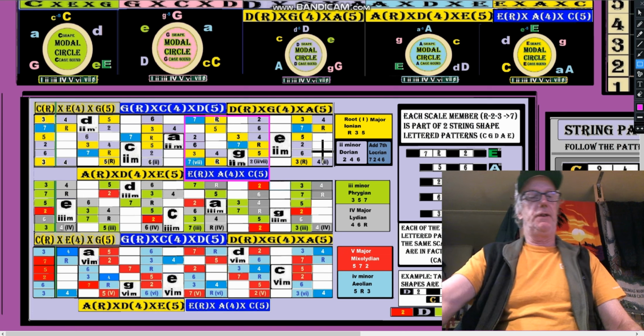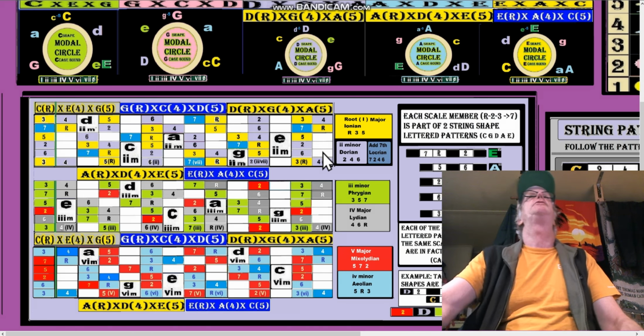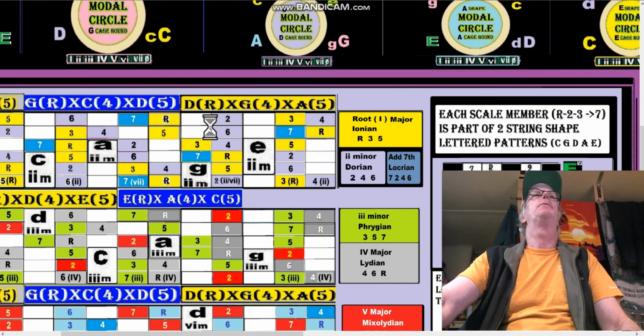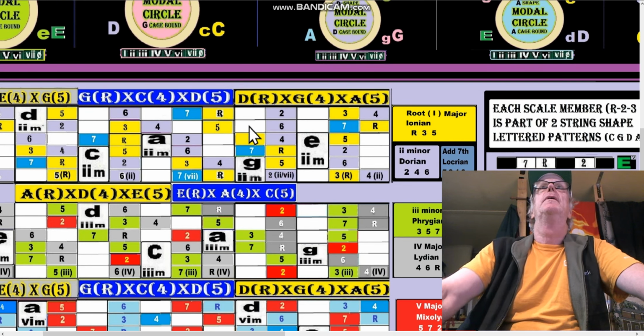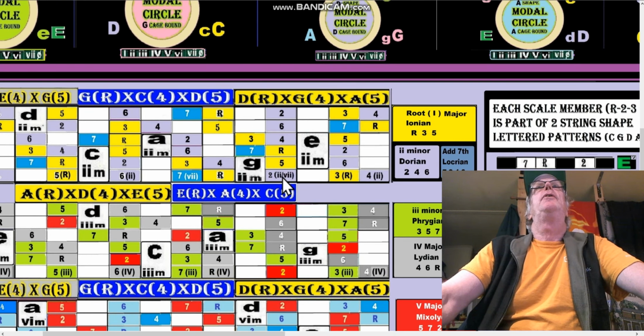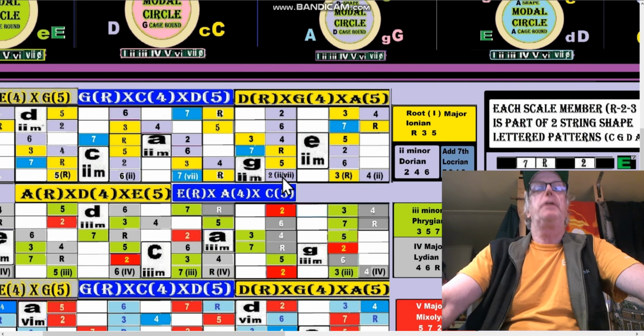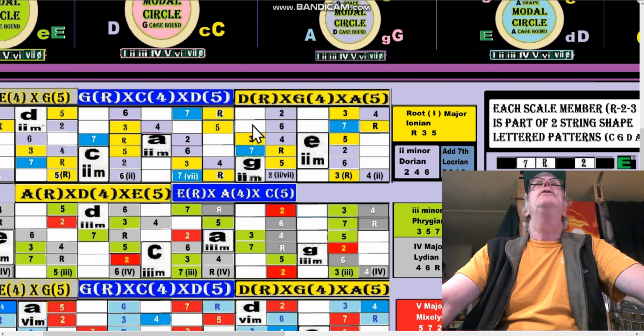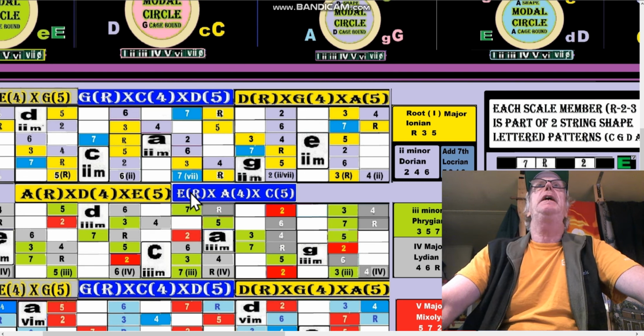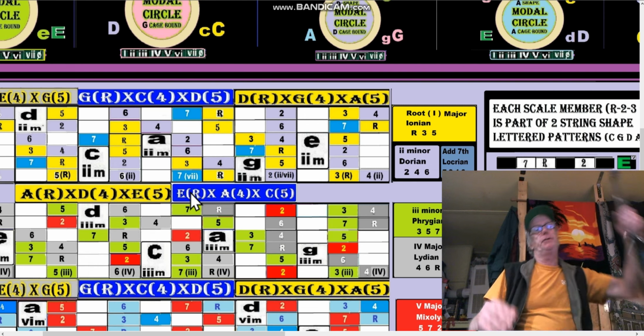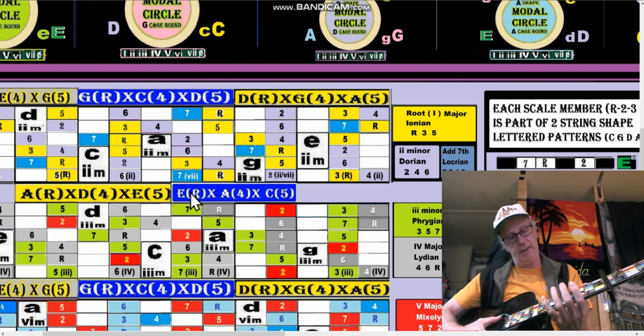When we want to do the cage bound versus arpeggio, in the cage bound, we're looking to find the chord. Cage bound means you're not going to arpeggiate the thing.